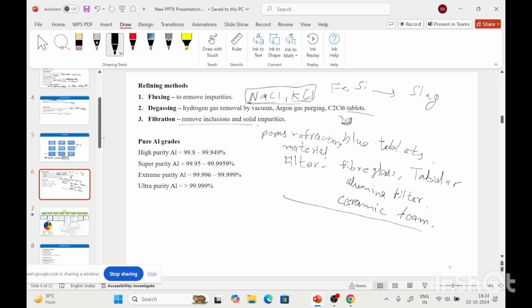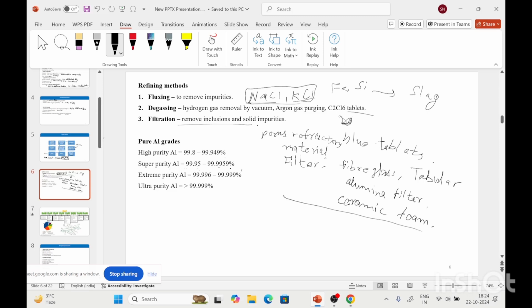Next are the different aluminium grades. The high purity aluminium generally has 99.8 to 99.949% aluminium. Then super purity aluminium has 99.95% to 99.9959%.